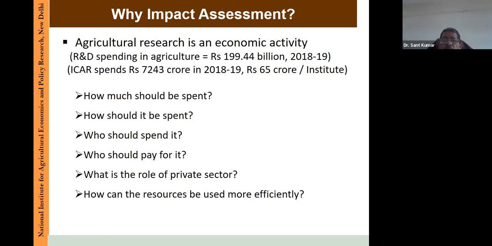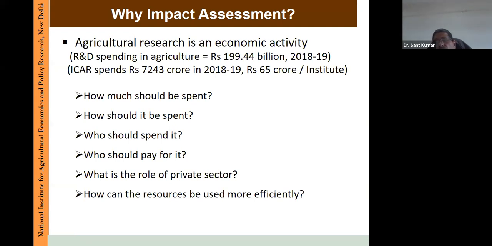The ICAR also spends more than 7,000 crore, and per institution, if you see, it's about 65 crore. So the basic economic principles must always be kept in mind before the analysis.